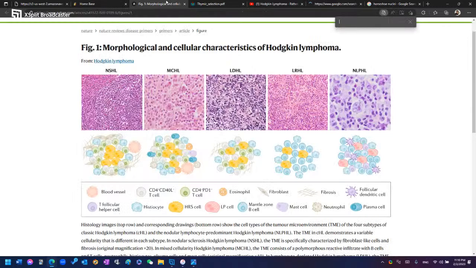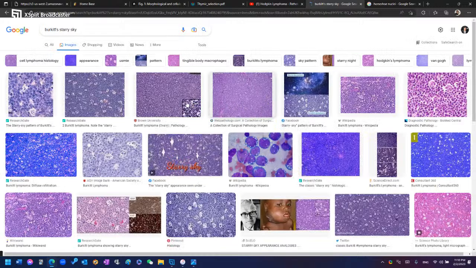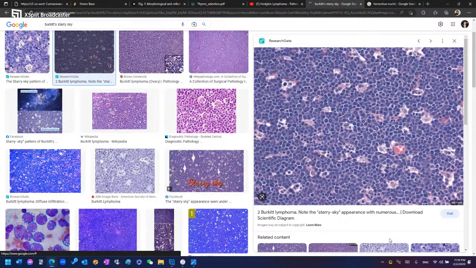So essentially you have these big histiocytes, is what I know about. And then they're inside of the lymph node for some reason.